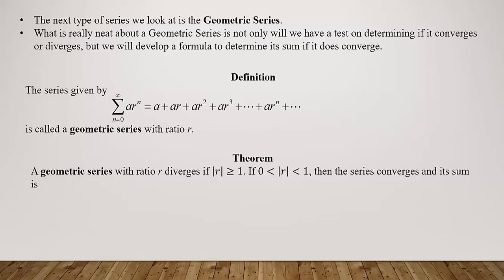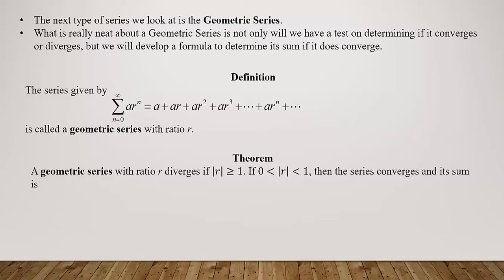So it's all about that ratio r. If the absolute value of r is greater than or equal to 1, it diverges. If it is between 0 and 1, the series converges. So we'll be able to know immediately whether it converges or diverges.